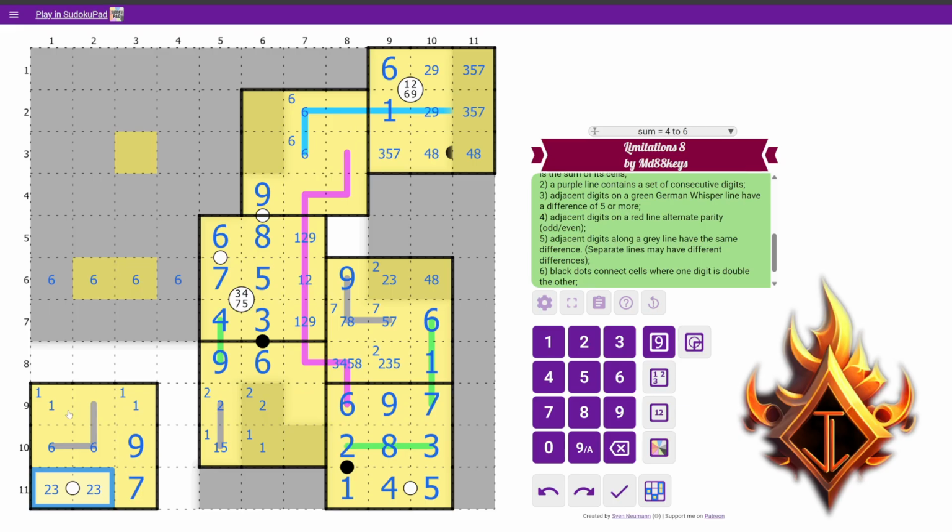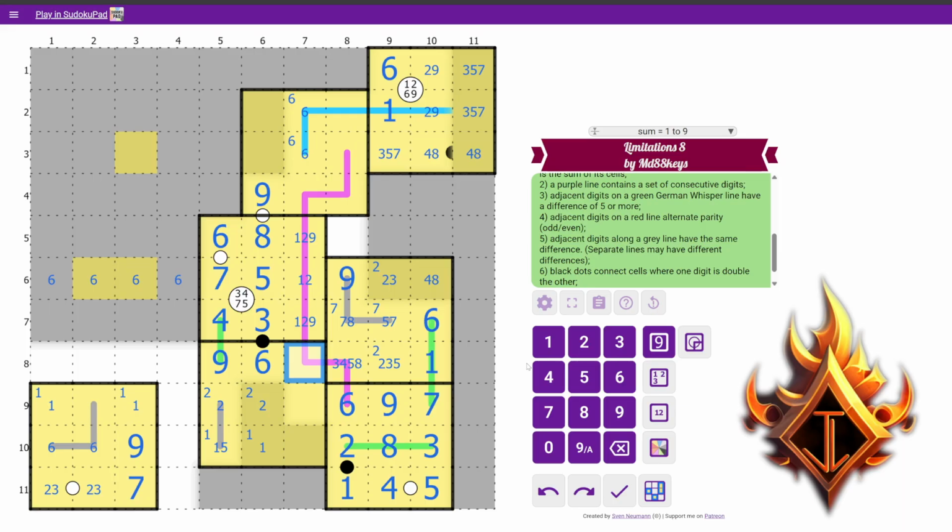1, 4, 3, 4, 5, 8. What still needs to go on the pink line though? And 8 needs 2. 8, 7, 5, 4. A 7.